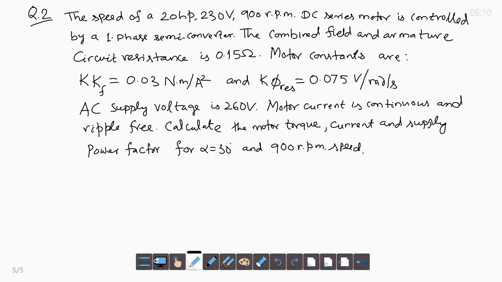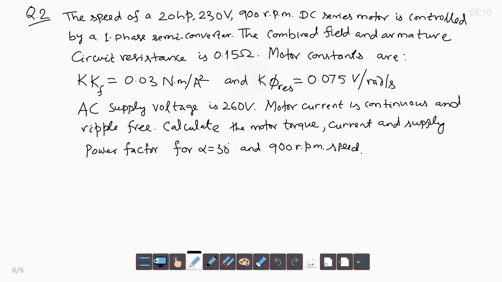Now, AC supply voltage is 260 volt, motor current is continuous and ripple free. Calculate the motor torque, current and supply power factor for alpha equals to 30 degree and 900 rpm speed. We will solve this numerical.